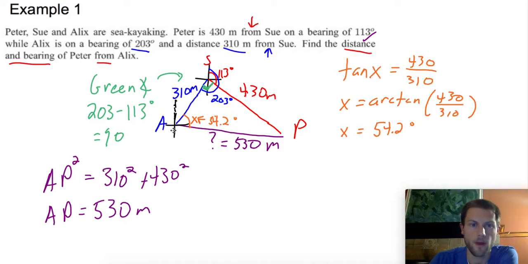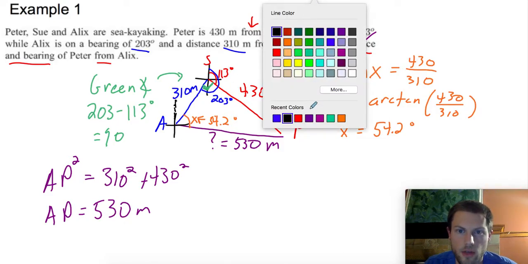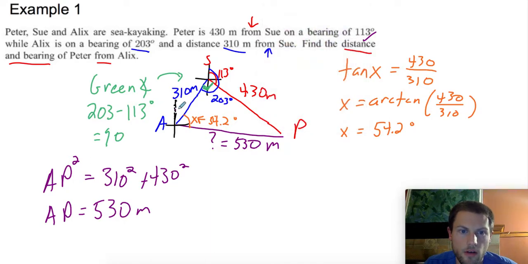Remember that all north-south lines are parallel, right? This line that I drew, this black line, and this black line, these are parallel. What that means is that the angle here, let's go back to purple, is going to match the angle here. I know what that angle is.